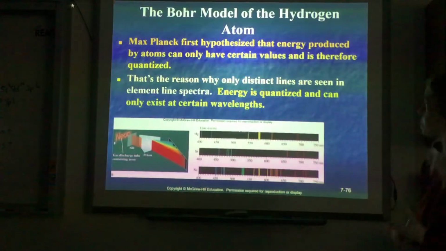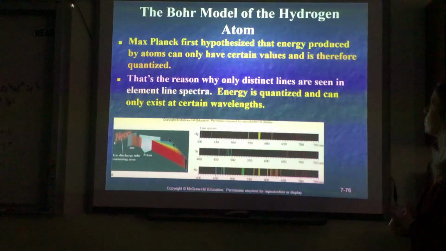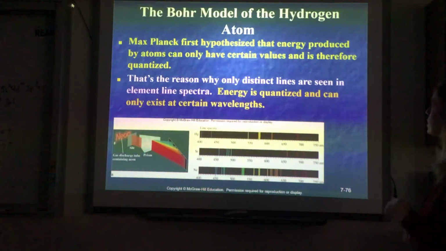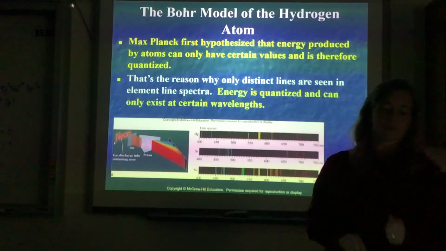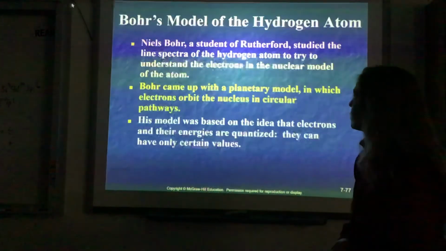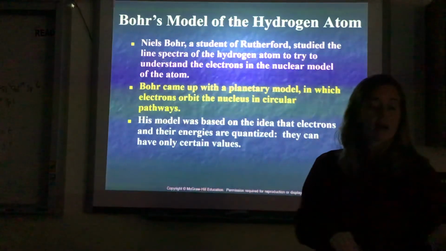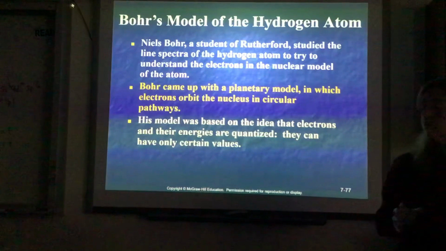Now, Max Planck first hypothesized that energy produced by atoms can only have certain values and is therefore quantized. That's the reason why only distinct lines are seen in the element line spectrum. Energy is quantized and can only exist at certain wavelengths, okay? Now, Niels Bohr, he was a student of Rutherford, studied the line spectra of the hydrogen atom to try to understand the electrons in the nuclear model.